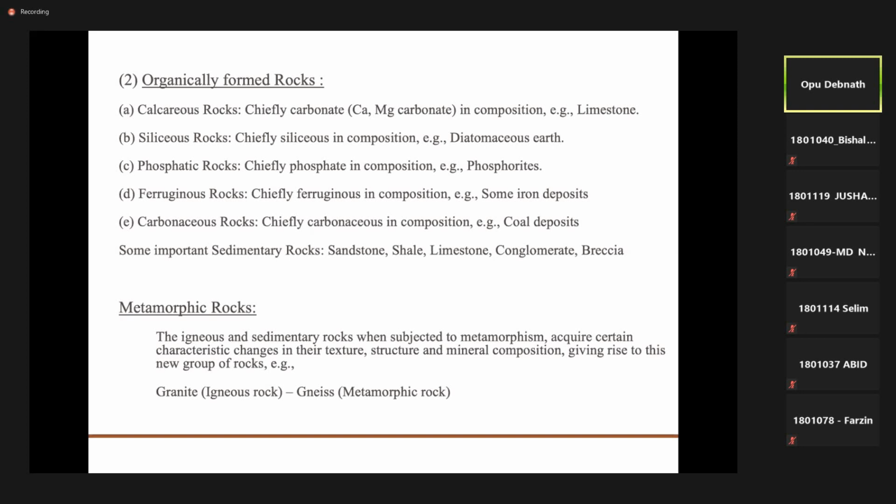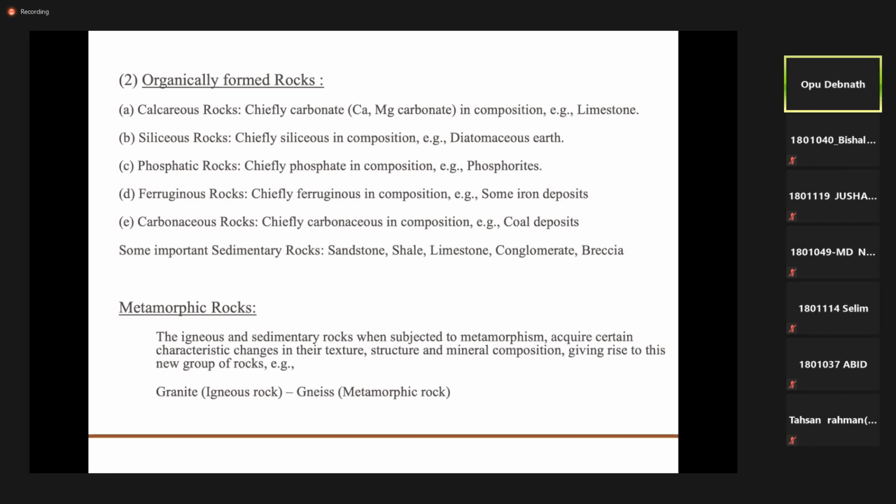That means these are biodegradable materials. So these matters will be degraded by the living microorganisms, and thereafter will transform into coal. So this is one type of sedimentary rock.